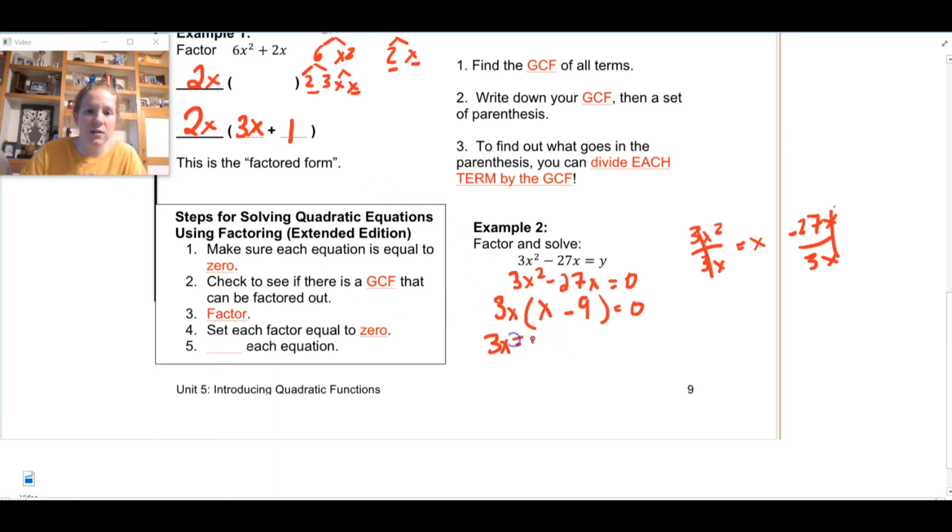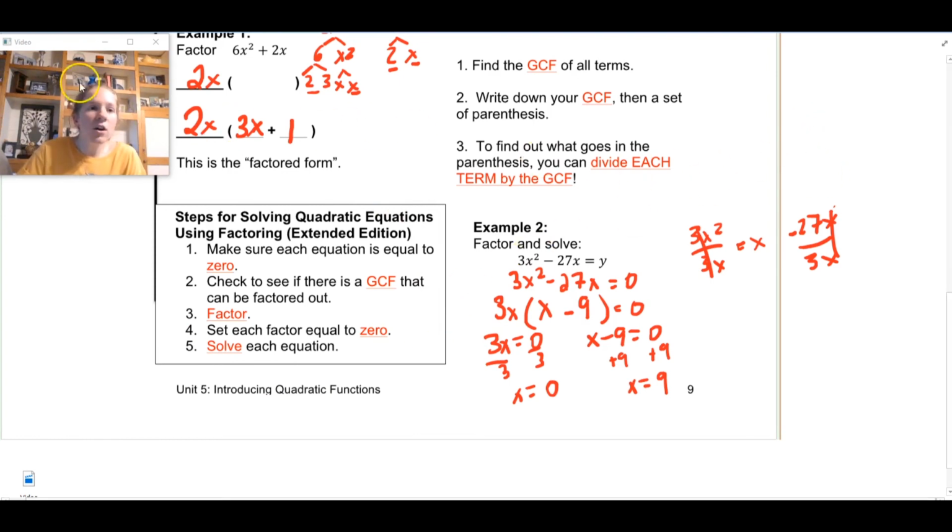You're going to say 3x equals 0 and x minus 9 equals 0. When I divide by 3 here, I get x equals 0, and when I add 9 here, I get x equals 9. So my two zeros, or x-intercepts, are x equals 0 and x equals 9. That last step was to solve each equation.